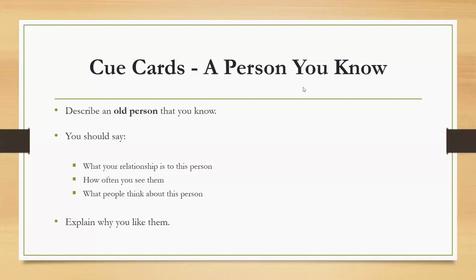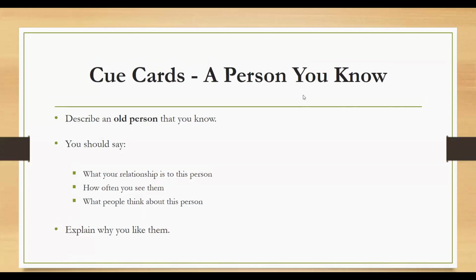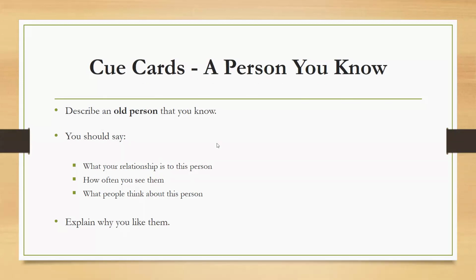Name, my grandma, age, how. So remember to use the words who, where, when, what. That will help you develop a great mind map. Who, when, where, what.